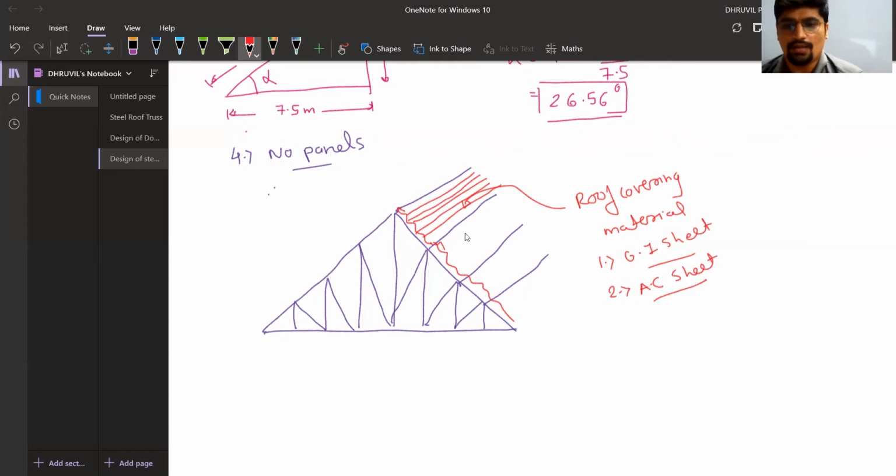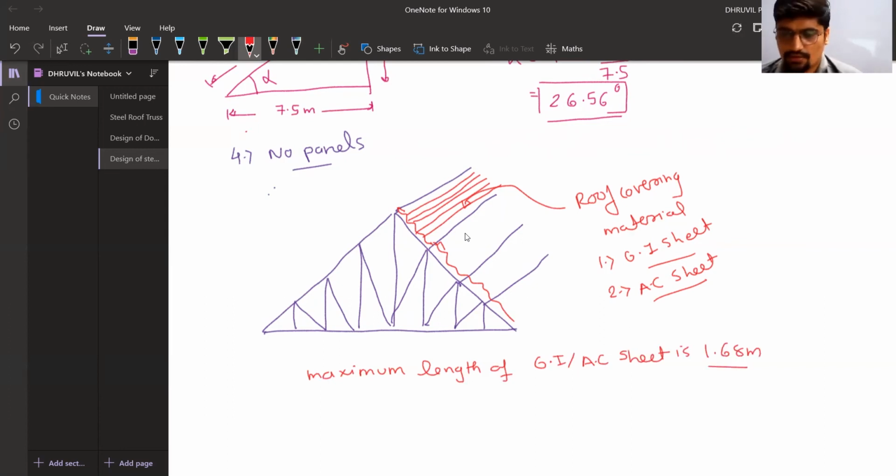Now, the sheet is made of fixed length. So the maximum length of GI as well as AC sheet is 1.68 meter.